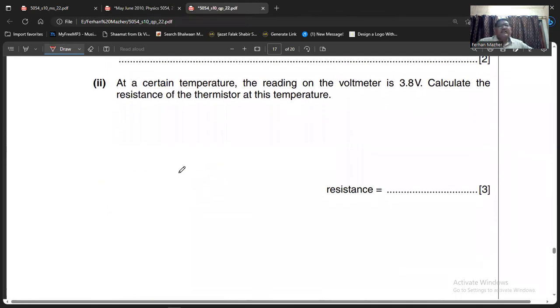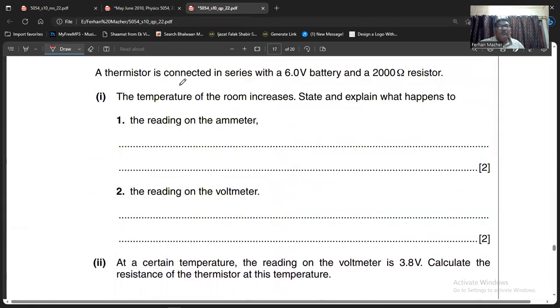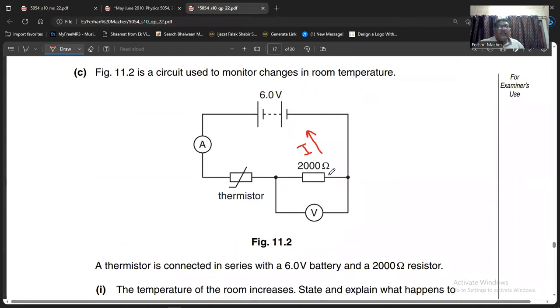It says at a certain temperature, the reading on the voltmeter is 3.8 volt. Calculate the resistance of the thermistor at this temperature.